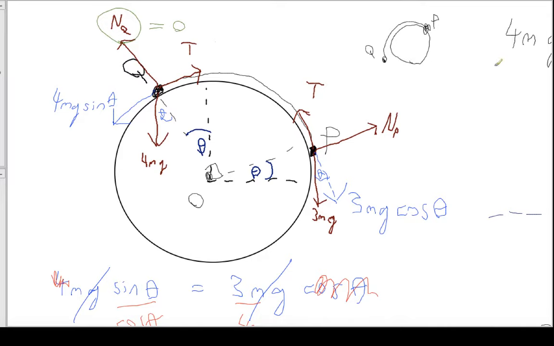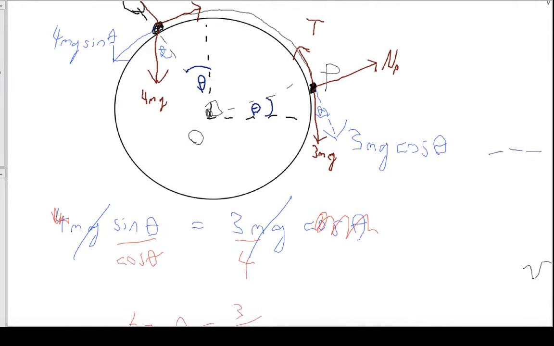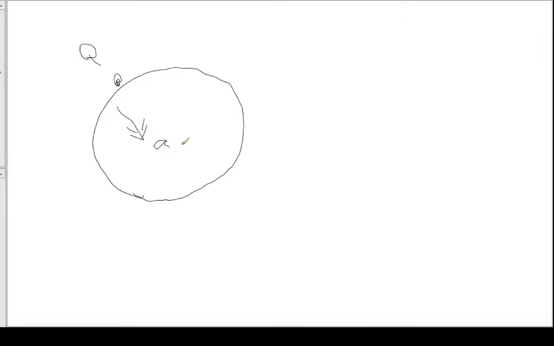Now you need to remember that when you have Q in this sort of scenario, we're going to consider the centripetal acceleration. It's going to be a theta dot squared.